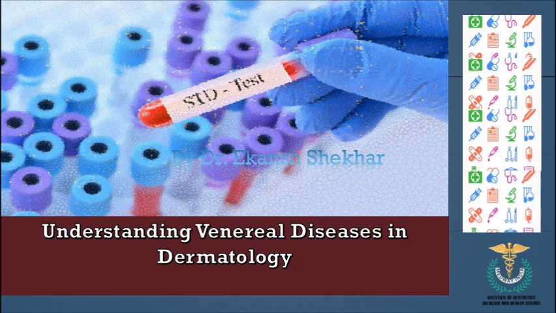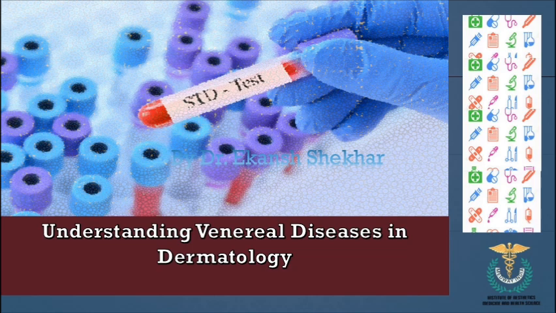Also, what are the main points where we can diagnose it? The diagnosis of venereal diseases typically involves a combination of physical examination, laboratory testing, and medical history. Some common diagnostic tests you might have heard of include dark field microscopy, which is a diagnostic test used to detect the presence of Treponema pallidum that causes syphilis.